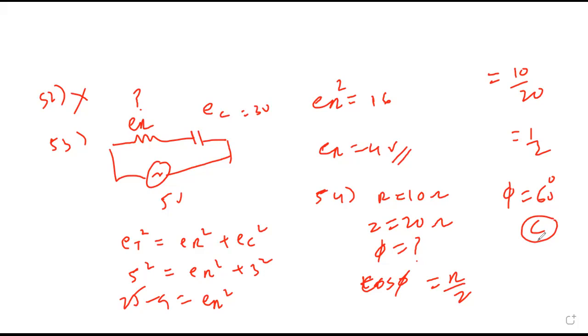Done, sir. Okay. 53, 54. Sorry, 55. A variable capacitor and inductor are connected in series across an AC source of 100 volt.